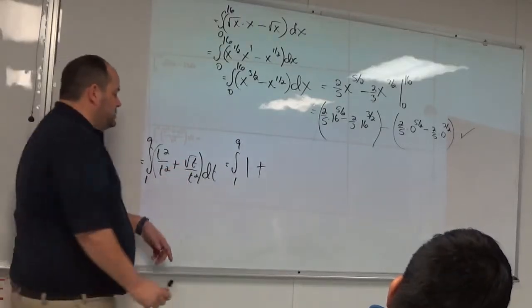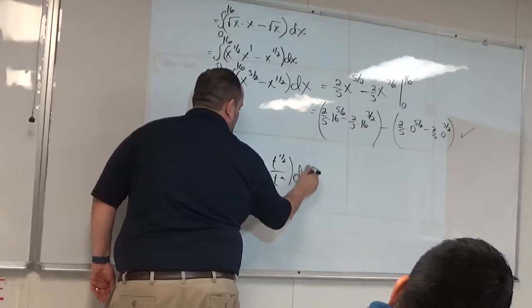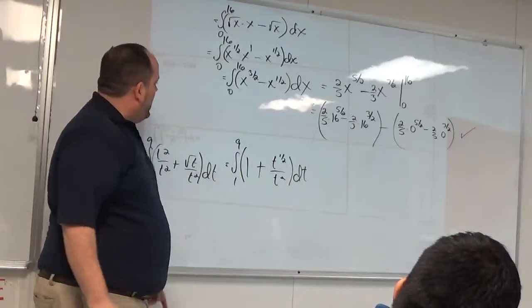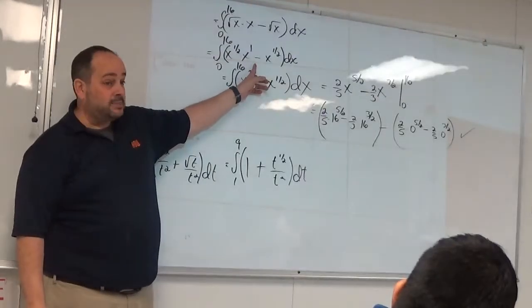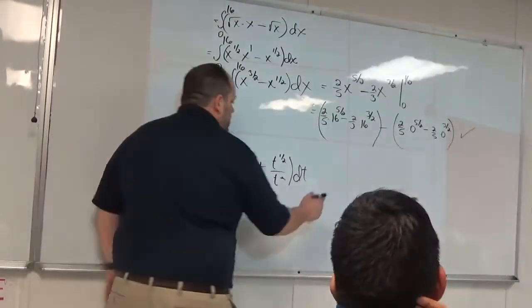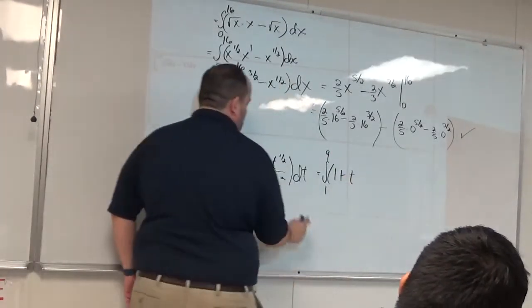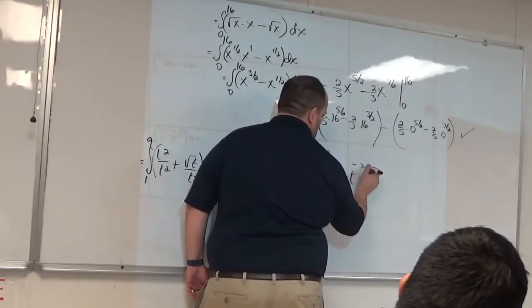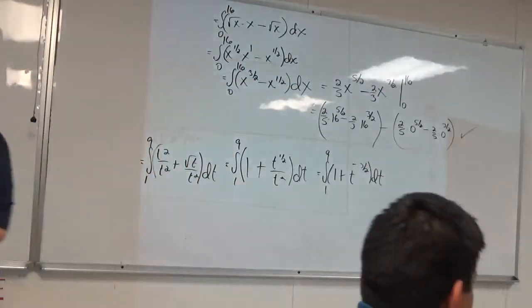Rewrite it. That's right, square root of t is t to the 1/2 divided by t squared. And you guys know pretty well that when you multiply and the bases are the same, we add the exponents. What do you do when you divide? Subtract. So your integral is the integral from 1 to 9 of 1 plus t to the negative 3/2 dt, and you finish it from there.